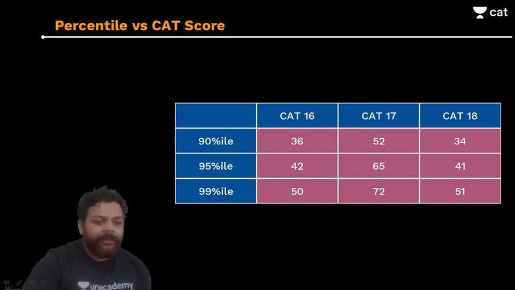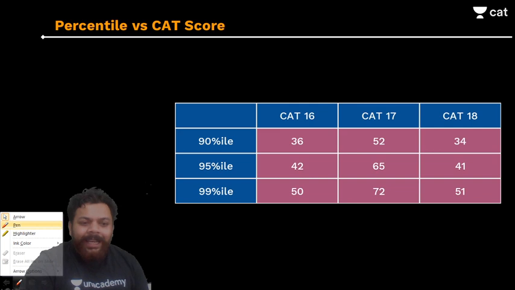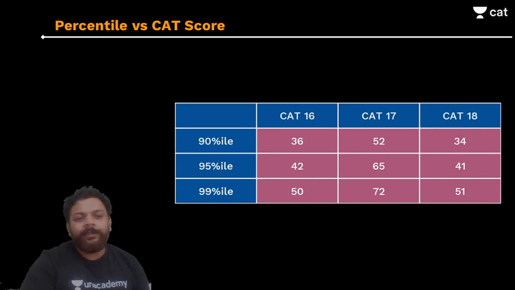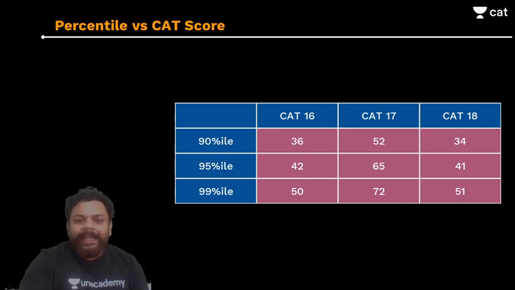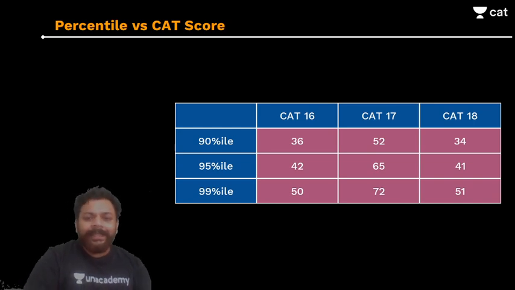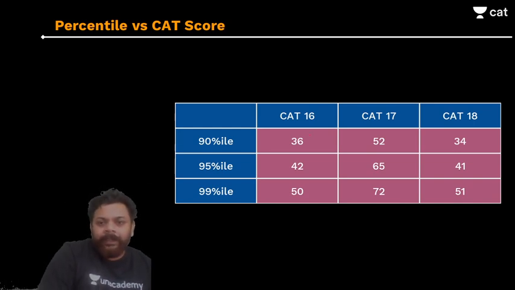To achieve 99 percentile, it is not at all required to solve each and every question. As you can see, in CAT 16, for 90 percentile, marks is 36. 36 means overall, you need to solve only 12 questions.